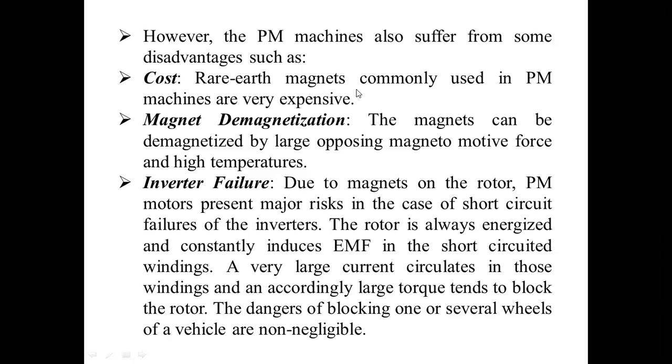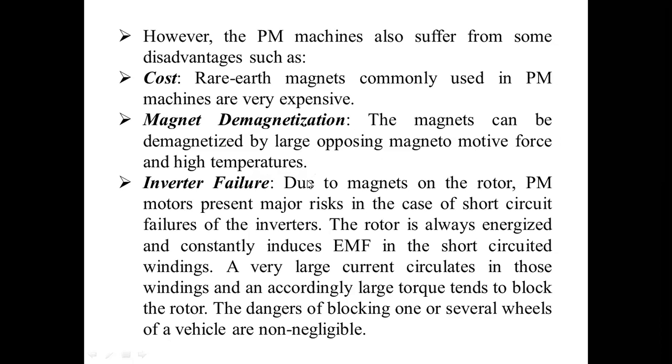So in BLDC motors, permanent magnet brushless DC motors, the important material is the permanent magnet in the rotor. Next, magnet demagnetization. The magnets can be demagnetized by large opposing magnetomotive force and high temperatures.